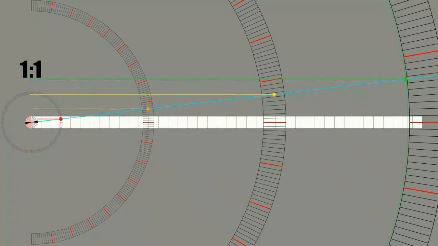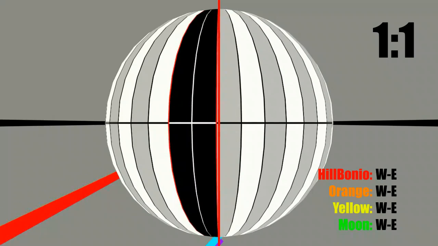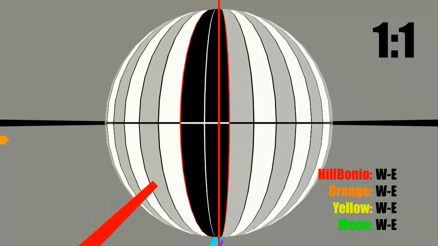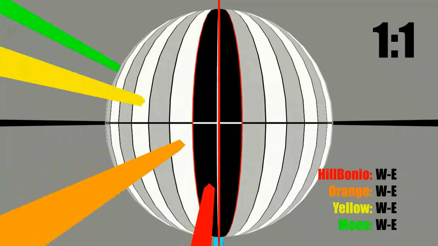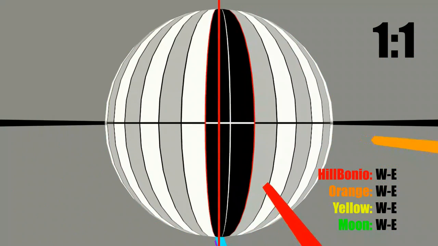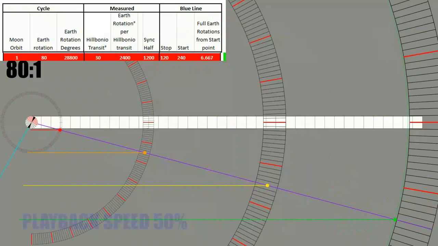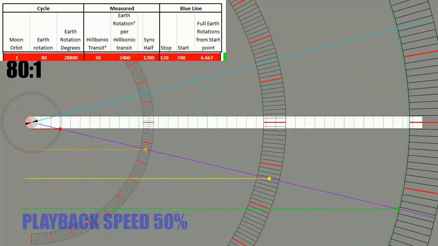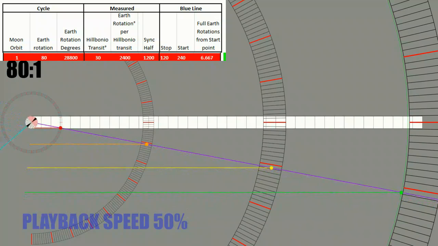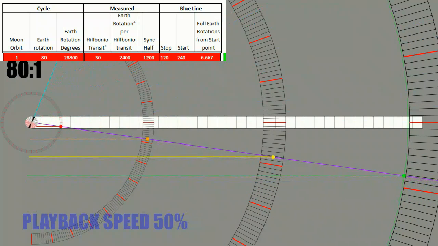One day, 28 days. One day, 28 days. One day, 28 days. One day, 28 days. One day, 28 days. One day, 28 days. One day, 28 days. One day, 28 days. And the shadow, relative to the surface of the Earth, is going to go east to west, not west to east. So, one day, 28 days. One day, 28 days. One day, 28 days. East to west, One day, 28 days. One day, 28 days. One day, 28 days. east to west, One day, 28 days. One day, 28 days. One day, 28 days. east to west, One day, 28 days. One day, 28 days. not west to east.